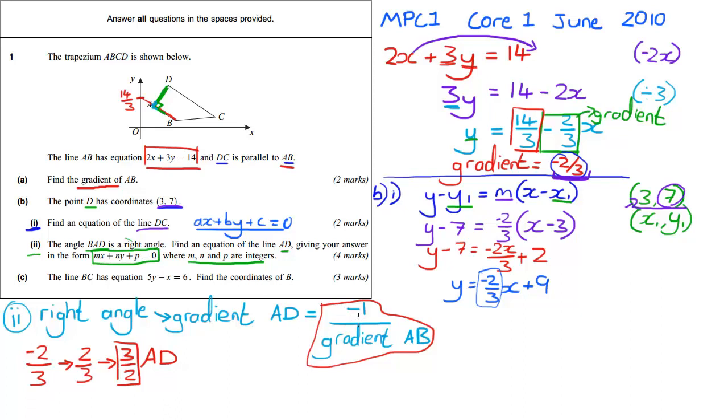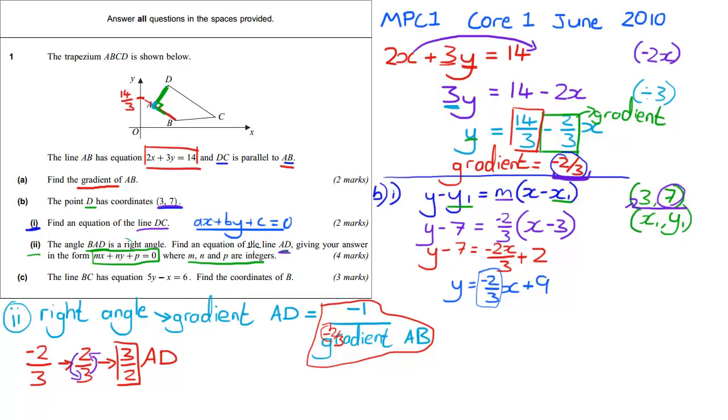So you can memorize it like this if you want, with the minus 1 over this, and then you put minus 2 over 3 into here, and then you bring it on the top and flip it round and put the minus. Or you can just say times it by minus 1 and flip it round. I think you get the idea by now. So we have the gradient for our equation of the line AD.